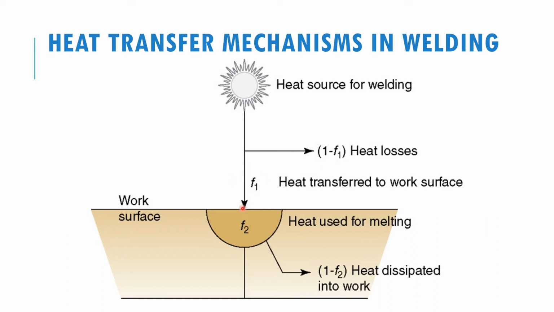The balance will be heat losses to the environment. We also have F2, where the heat is used for melting the base, and then 1 minus F2, which is the heat dissipated into the workpiece that is not used for melting.